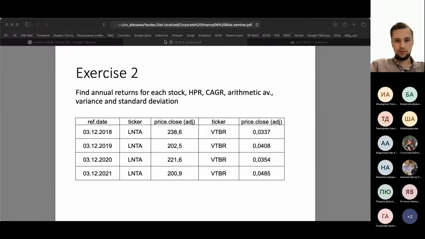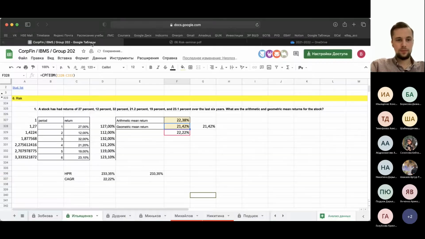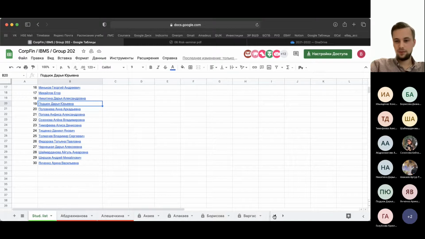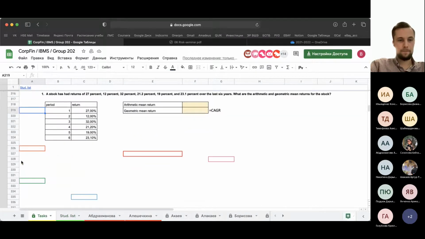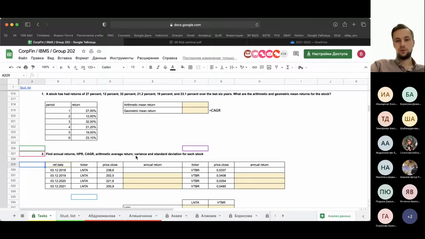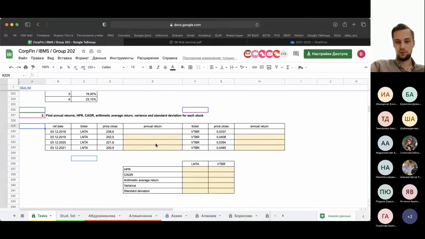Let me now copy the task. What we should find is starting with holding period return, compounded annual growth rate, arithmetic average return, variance of the stocks, and the standard deviation for each stock.